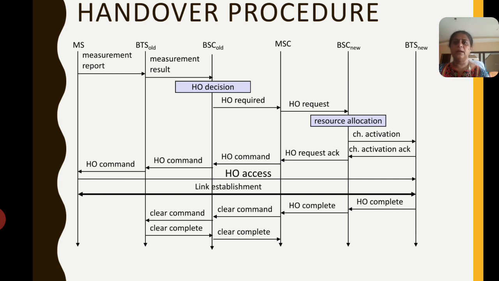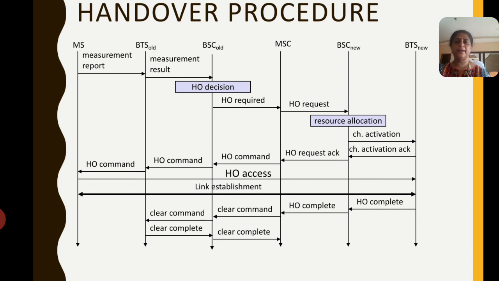And now the BSC will consult with the MSC and the MSC will take the handover decision. So, the BSC will report to the MSC saying that a handover is required, and now the MSC will send this request to the new BSC into which the mobile station is moving. It will make a request to that particular BSC, and the BSC will allocate the proper resources, that is the particular cell into which the mobile can move.